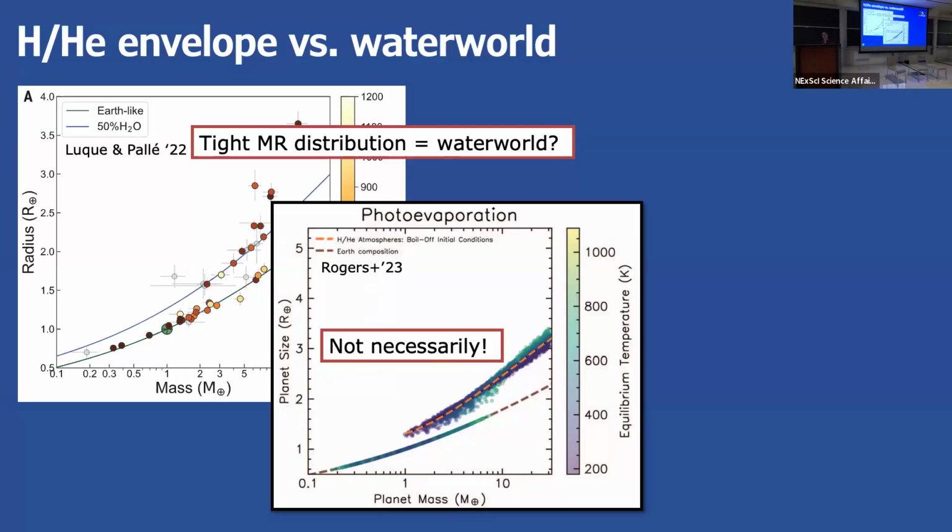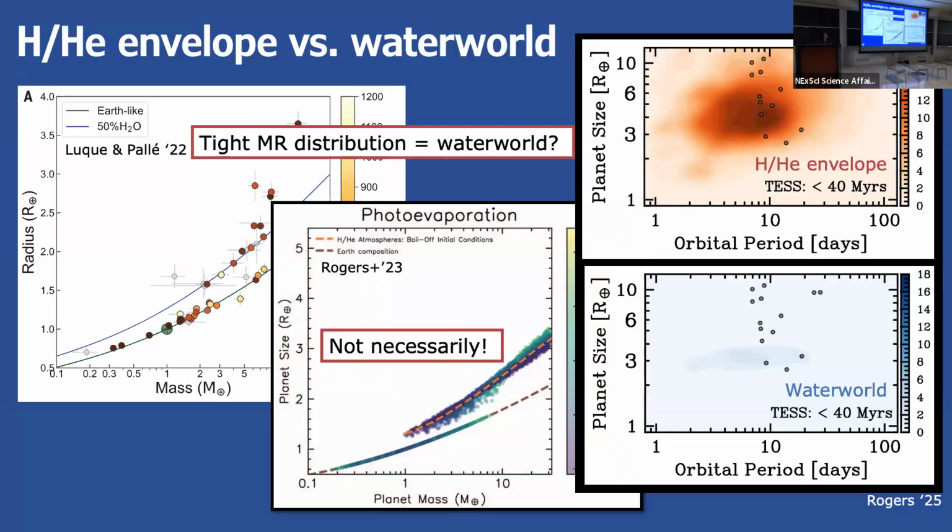But one way in which we can break this degeneracy is if we target young planets. So remember, planet formation ends at around 10 million years, but most of the planets that we observe are more like a few gigayears. So there's a pretty huge gap in time where we can more directly infer what's going on from the formation stage to the more mature state where we can actually observe.